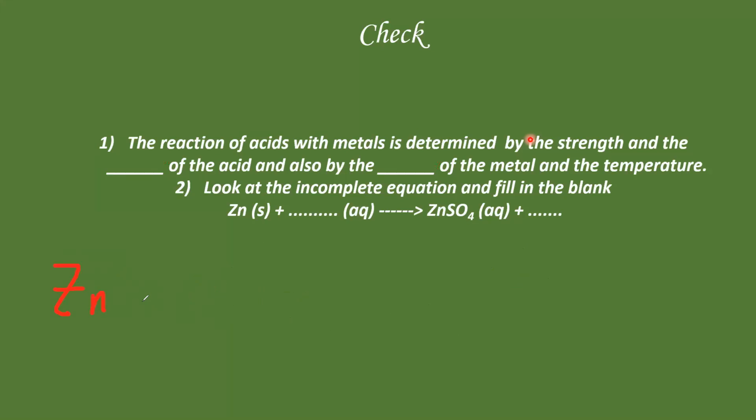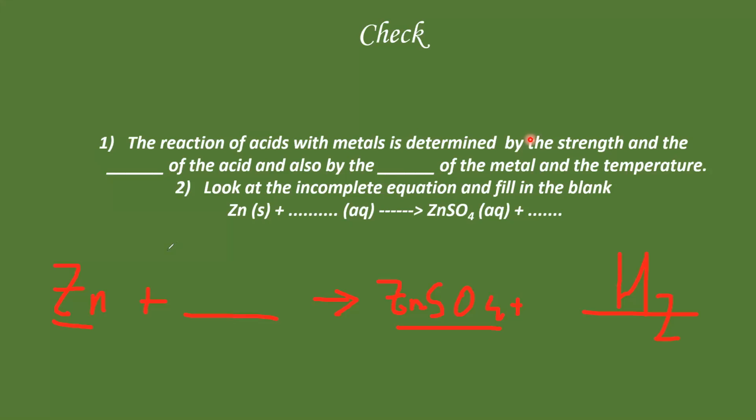Zn plus something gives me ZnSO4 plus dash. So folks, we know that we are talking about reaction of acids. This is an acid, this is a salt, this is a metal. So obviously I'm going to get hydrogen gas over here. Okay. So now with this in mind, tell me what compound will I get over here.